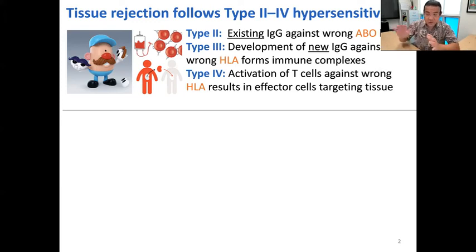If you kind of screw up the ABO blood type matching during a blood transfusion, because remember, blood is technically a tissue as well, right? And importantly, if you're talking about solid tissue transplantation, because solid tissues are filled with blood vessels, right? Not only would there be blood cells in there, but also the walls, the endothelial cells of things like capillaries, also express ABO antigens on them.